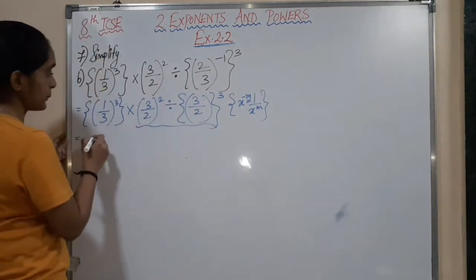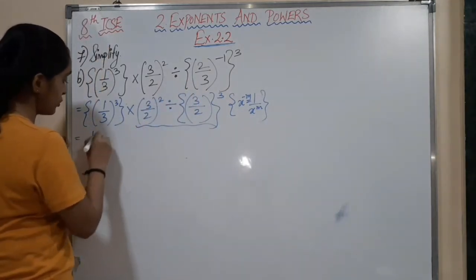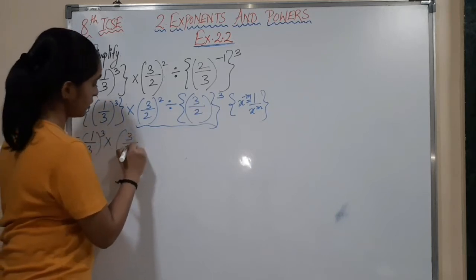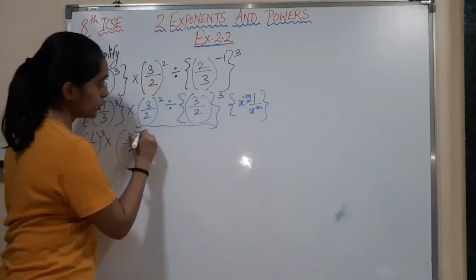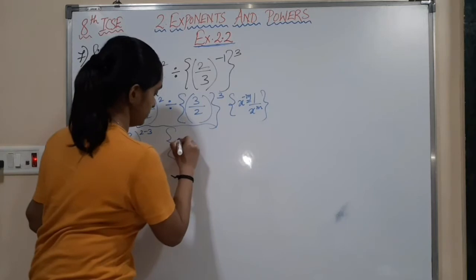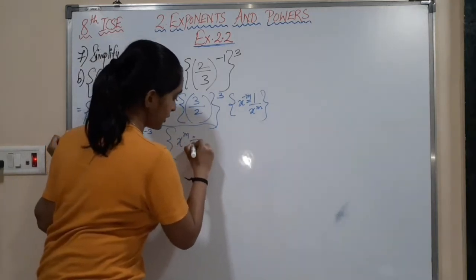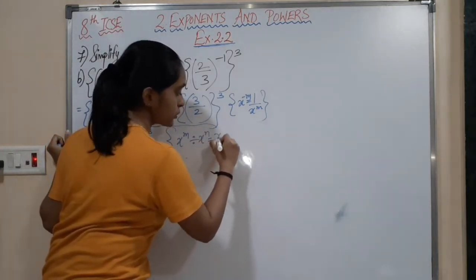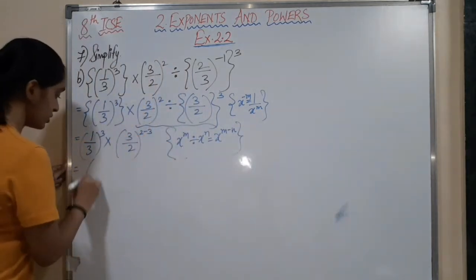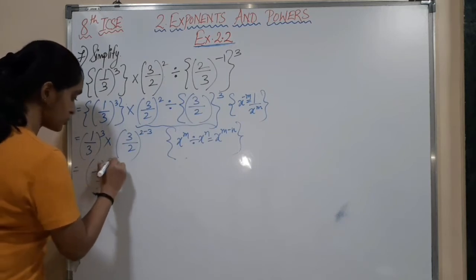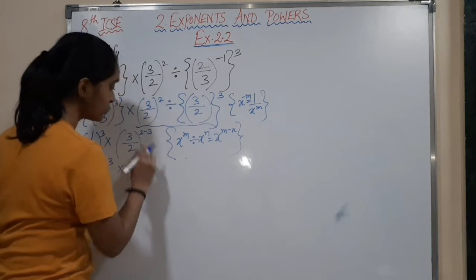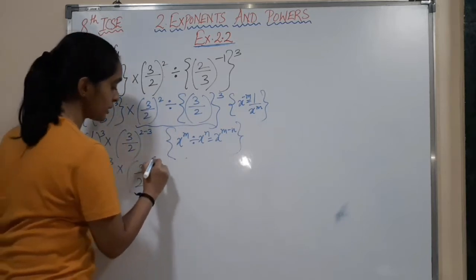So you will get (1 upon 3) raised to 3 as it is multiplied by (3 upon 2) raised to 2 minus 3, using the law x raised to m divided by x raised to n equals x raised to m minus n. Okay. So here you will get (1 upon 3) raised to 3 multiplied by (3 upon 2) raised to minus 1.